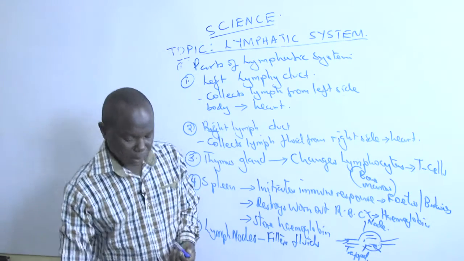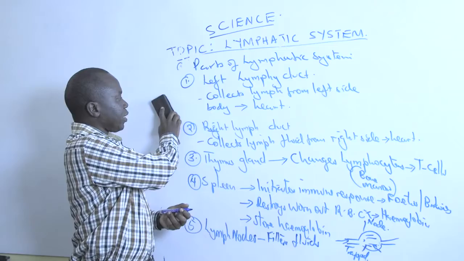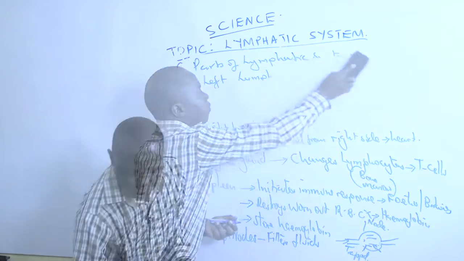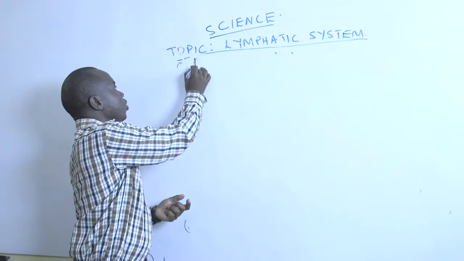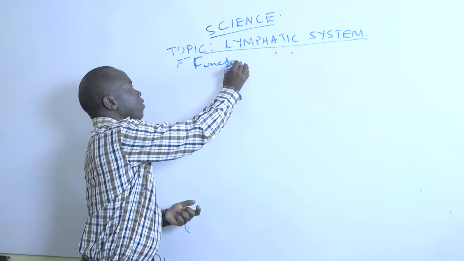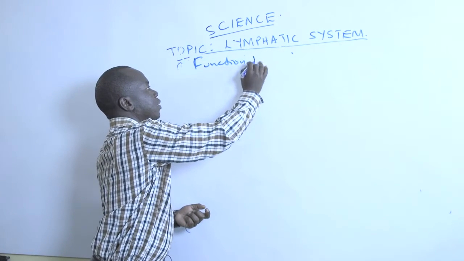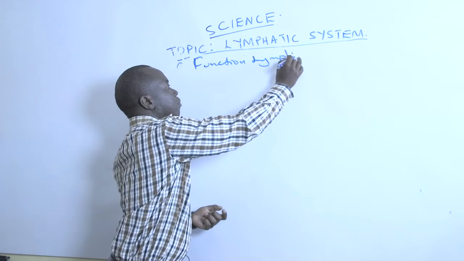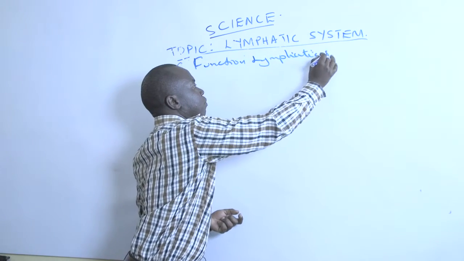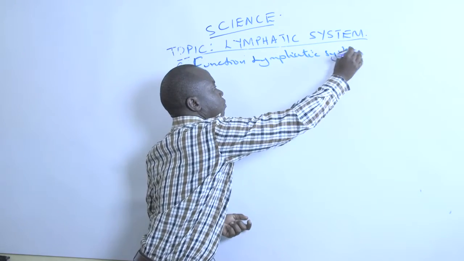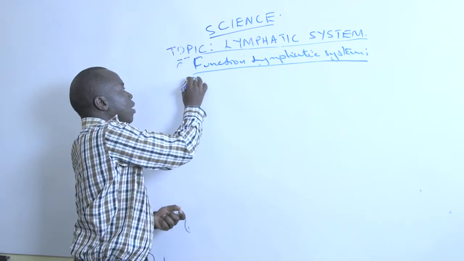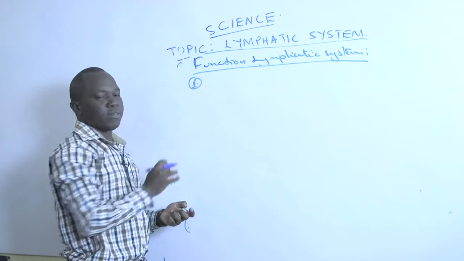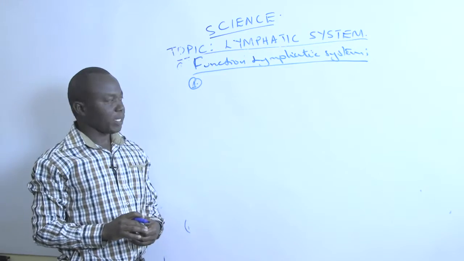So these are the major parts of the lymphatic system. Now, what is the role, the function of the lymphatic system? We have already seen the role of the lymphatic system through the parts.